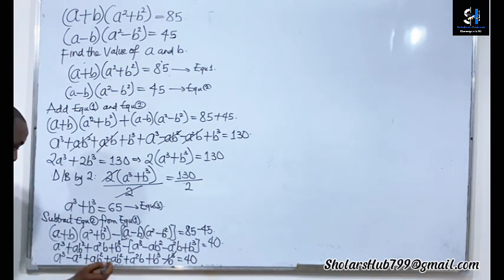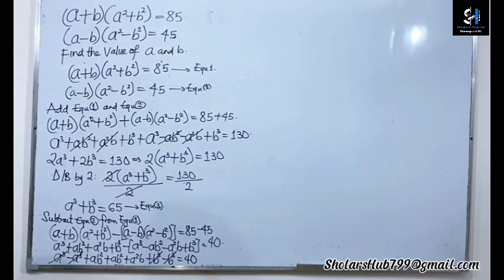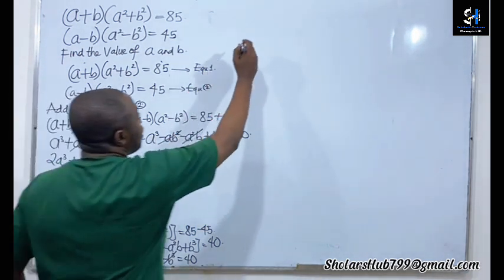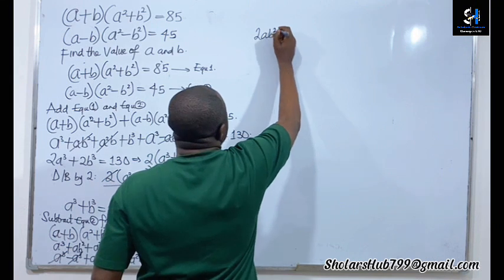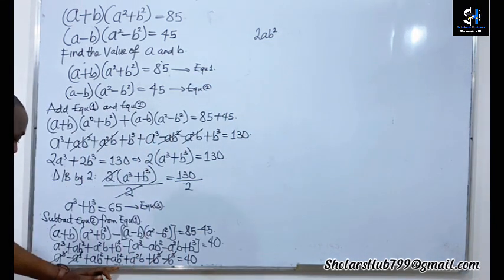So b³ − b³ will be 0. a³ − a³ will be 0. So in this case, we have 2ab², because this is ab² plus ab².